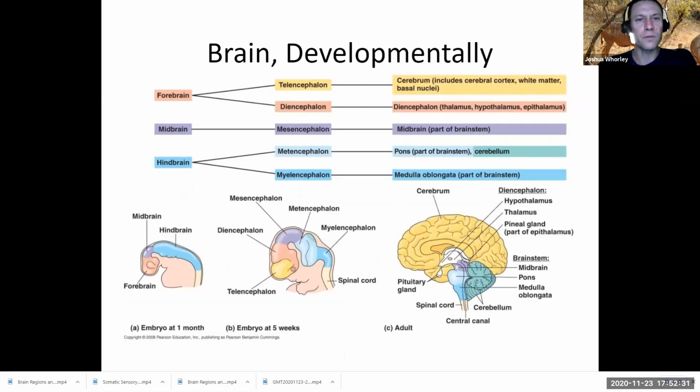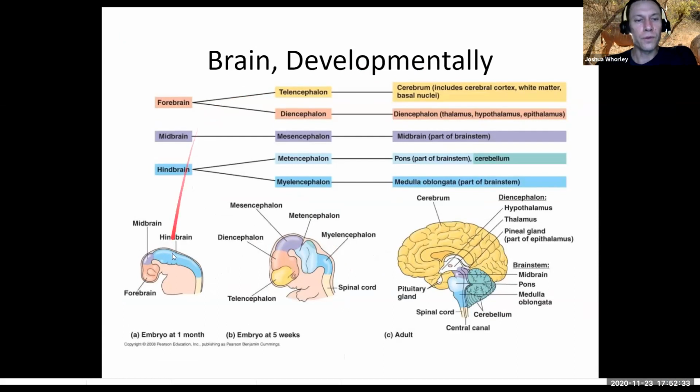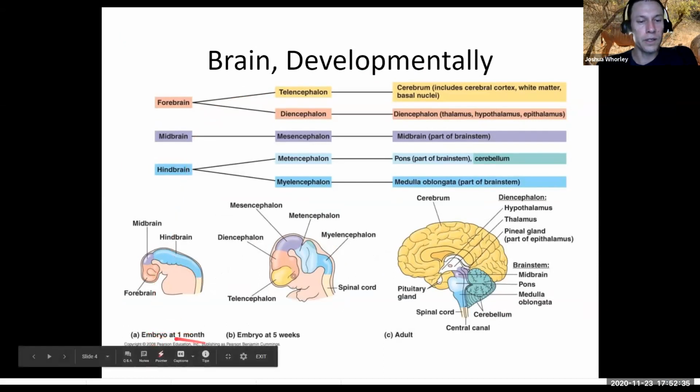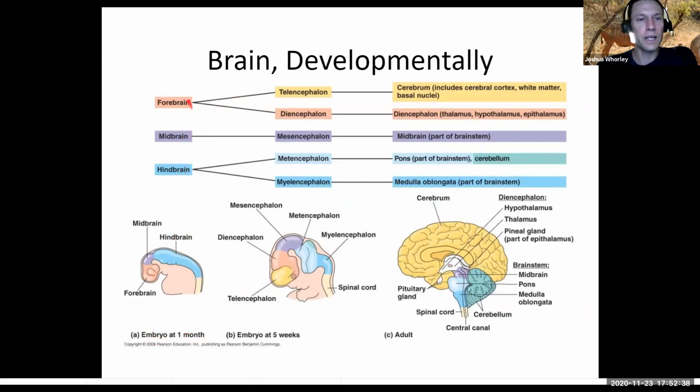I kind of referenced this before, but when we're developing very early on, here we are at 1 month, we just have these 3 recognizable regions, the hindbrain, midbrain, and forebrain. You can see their relative sizes. Now, if you were to look at the brain of an adult shark or a jawless fish, or even many fairly basal fishes, their adult brains don't look very much different than this in terms of the size of each of these regions.